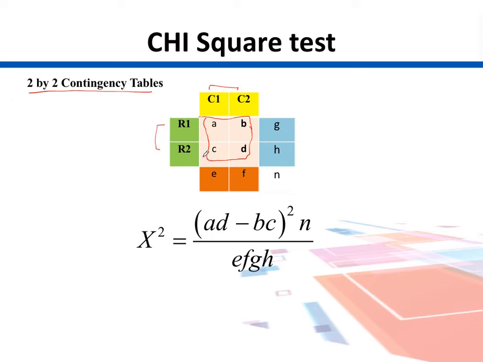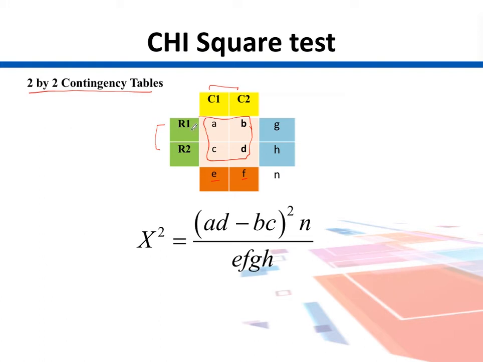For example, we might have genders, male and female, and the answers are yes or no. So in this case we can get it as a 2 by 2 contingency table, and we can get the chi-square with this formula. Over here, E is the column 1 total, the sum of the numbers in this column, and F is the column 2 total.